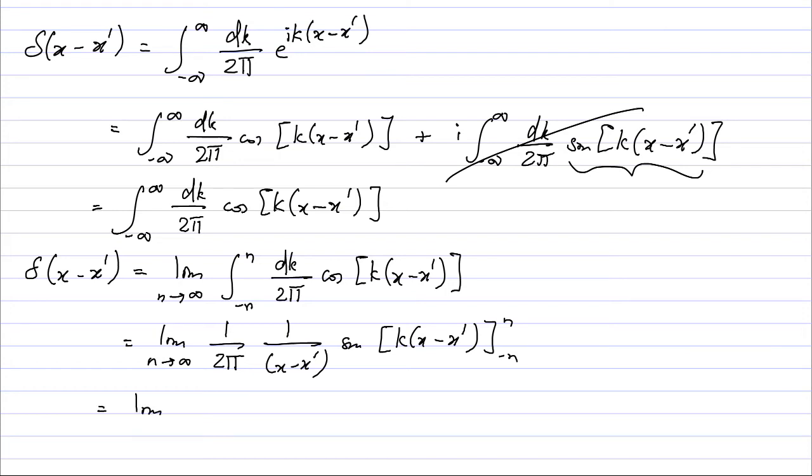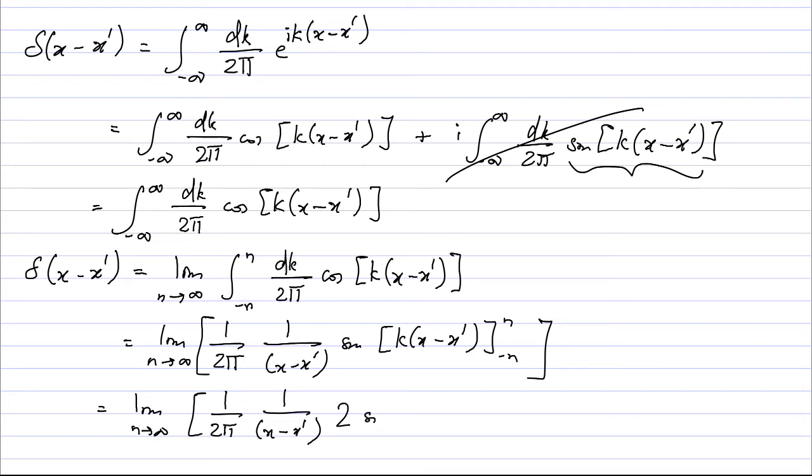So the limit as n goes to infinity of 1 over 2 pi times 1 over (x minus x prime), and when you put n over here, you get sine of n(x minus x prime), and when you put minus n, you get sine of minus n(x minus x prime). Sine, remember, is odd, so you can take the minus sign outside, and you'll end up with 2 sine of n(x minus x prime).